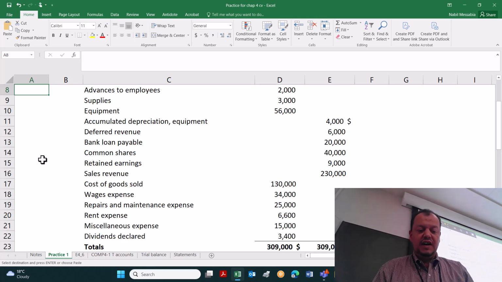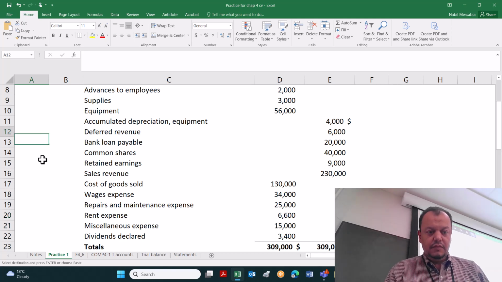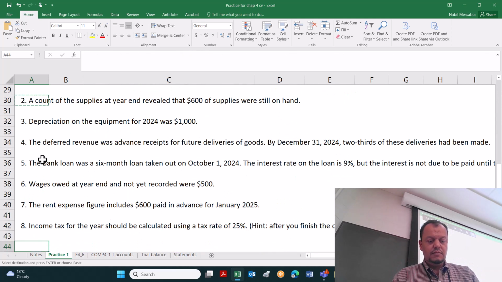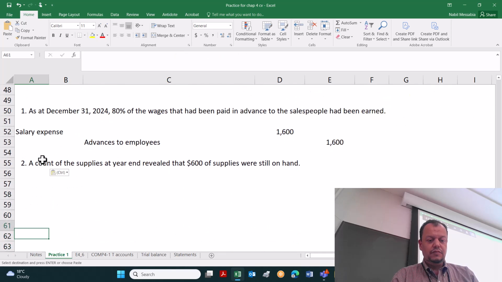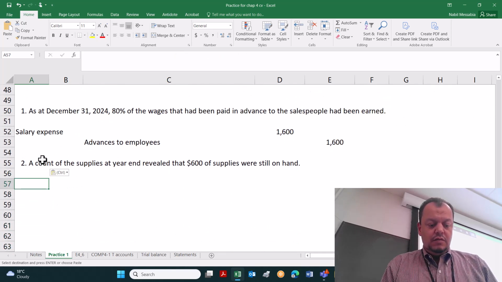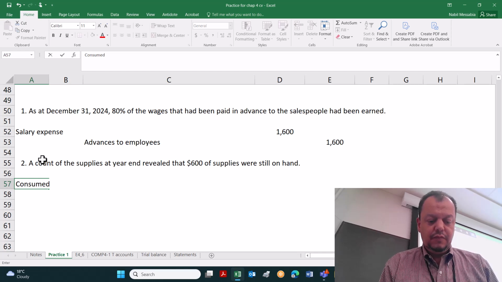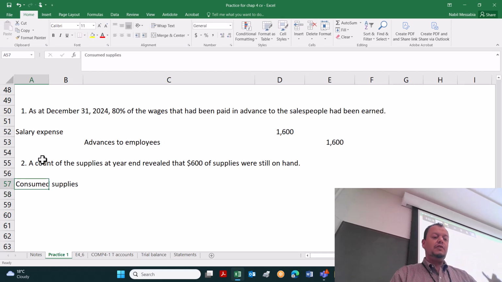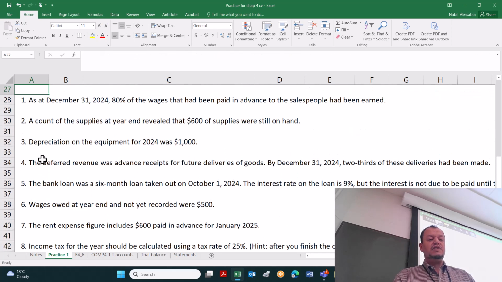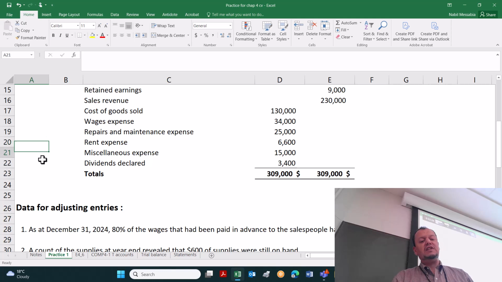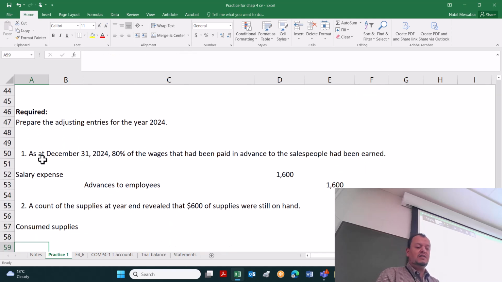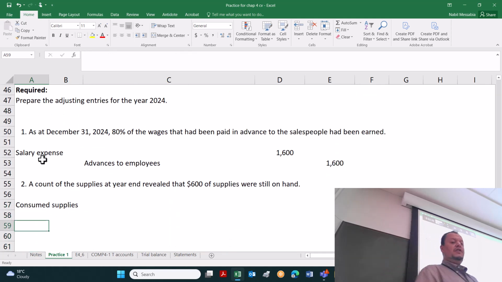The consumption of supplies. So, consumed supplies. If you don't want to create a new account, you can use one of the existing ones. The closest one is miscellaneous expenses. But I can also create a specific account for these consumed supplies. That is the debit account.